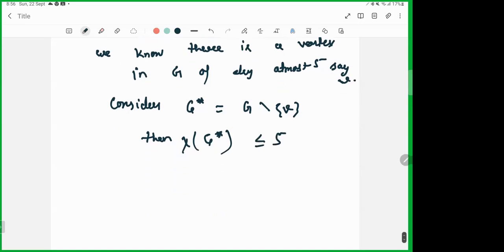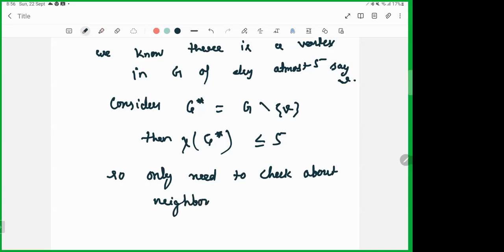So we only need to check about V, the neighborhoods of V.